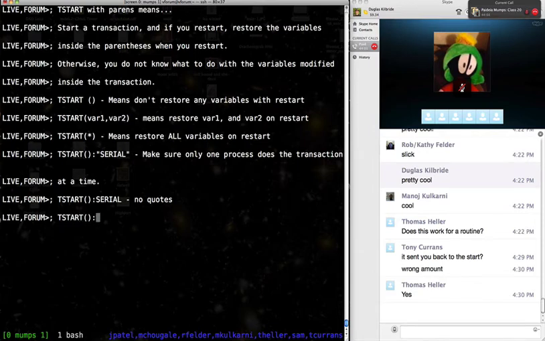The other one is called transaction ID equals and an ID number that you assign.